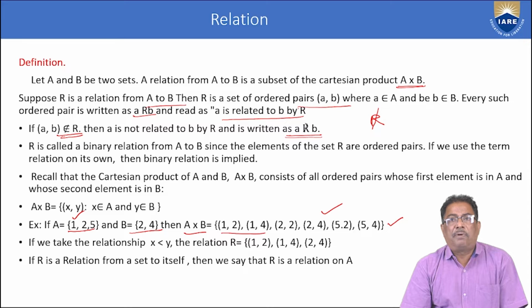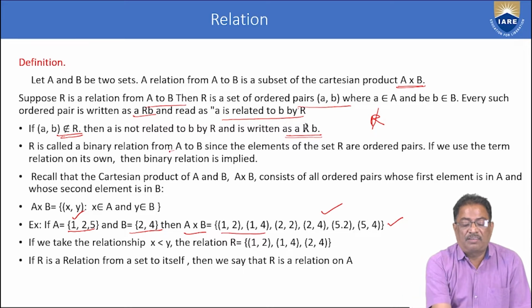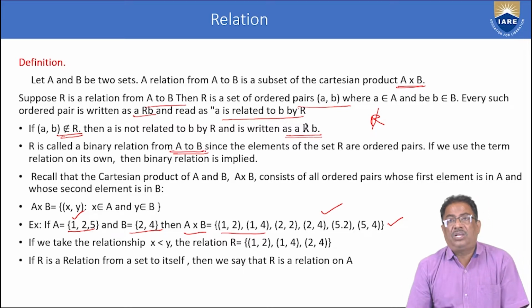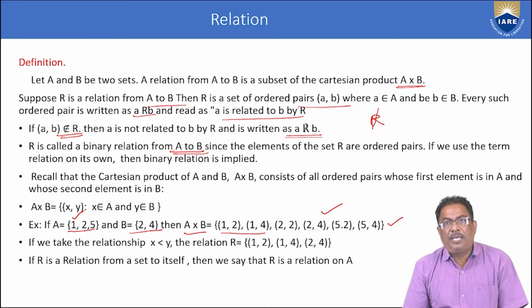R is called a binary relation from A to B.